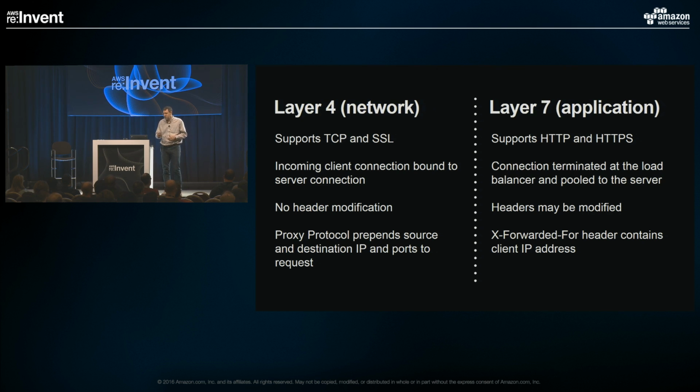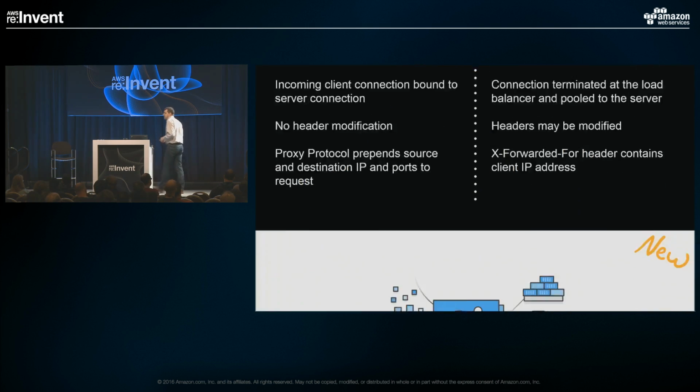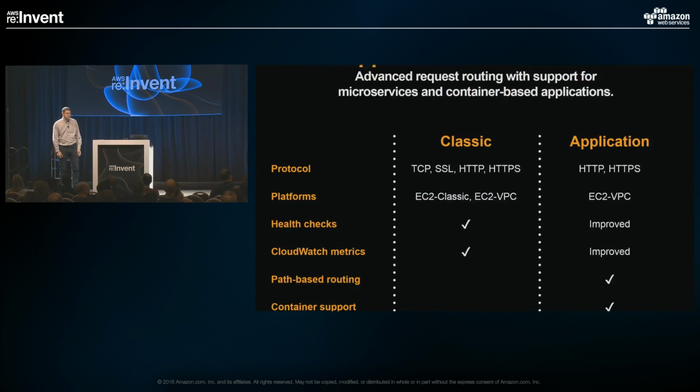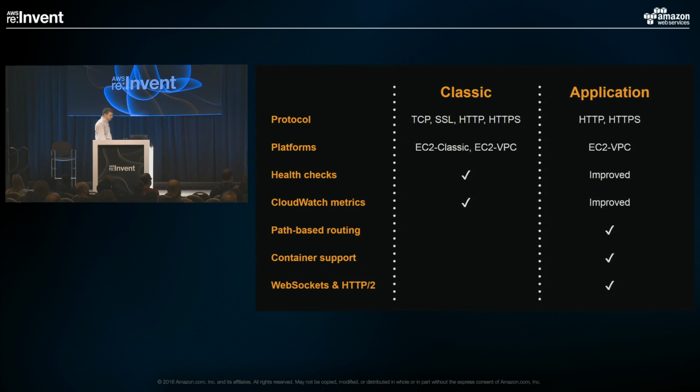Hopefully many of you. So in August, we announced the Application Load Balancer. I chatted to a few customers who said they only heard about this at re:Invent this week. So it's been announced since August and been available, and customers have been using it. We've been seeing great adoption. So to give you some idea of the features, if we look at Classic, it supports TCP and HTTP, whereas Application, because it's only layer 7, only supports HTTP and HTTPS.